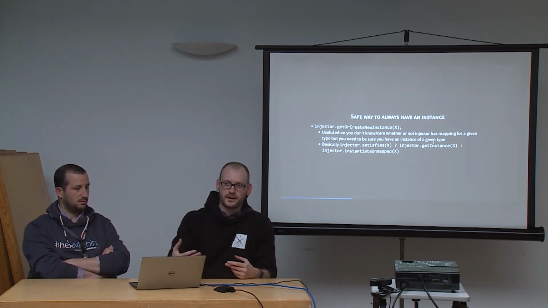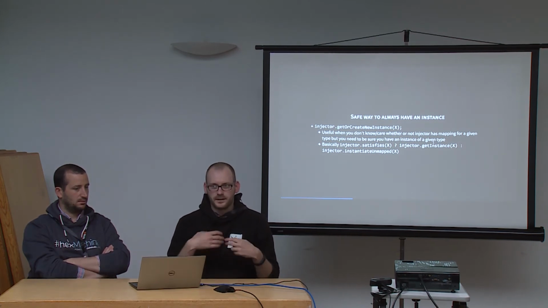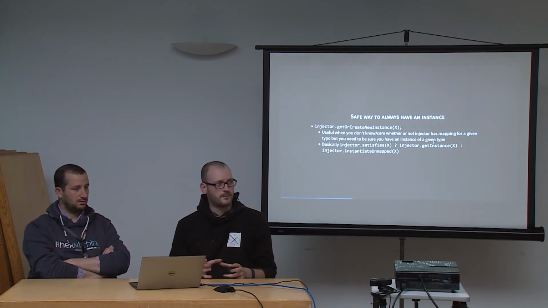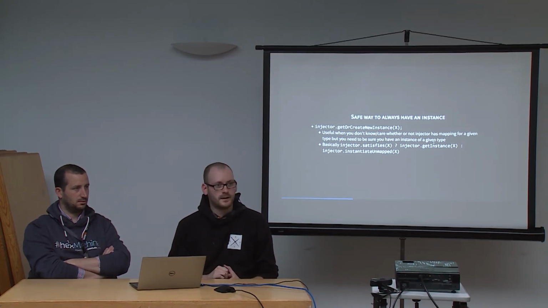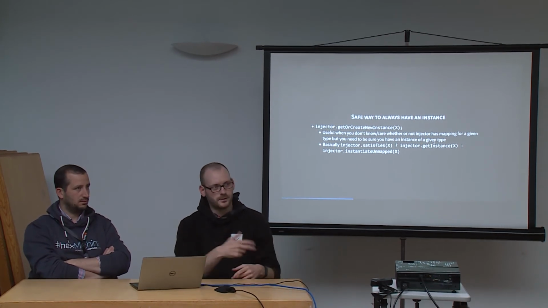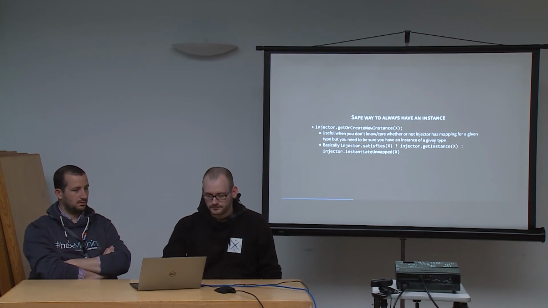If there is one, it will provide you the instance based on the mapping, so whatever dependency provider you have there is going to return it. And if there is no mapping, it will just make you a new instance. Anyway, you will end up with having something. And this new instance won't be mapped. So you can request from multiple places, and it's always going to build you a new object for every request.